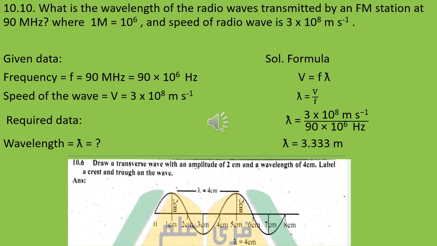By putting the values in the formula, we get λ = 3 into 10 power 8 meter per second divided by 90 into 10 power 6 Hz, or λ = 3.333 meters.